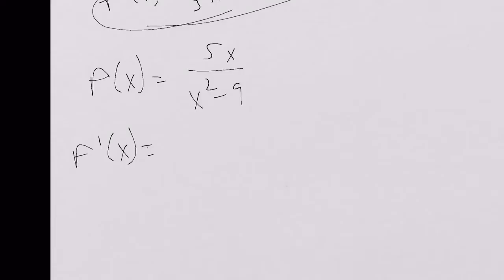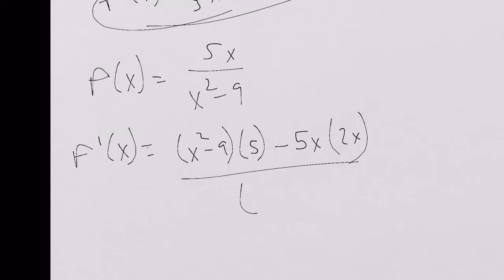So doing that one, I do low, whatever it is, times the derivative of the high, minus high times the derivative of the low, which is just 2x for that one, all over the bottom one squared. So low d high minus the high d low over low squared.